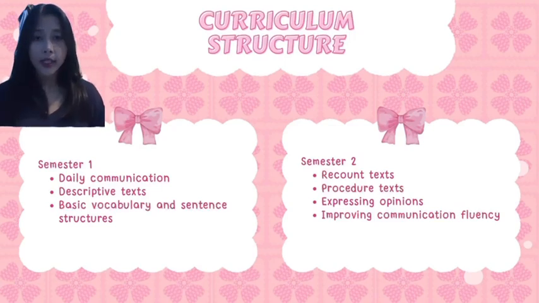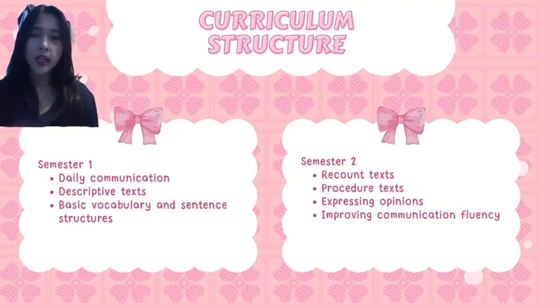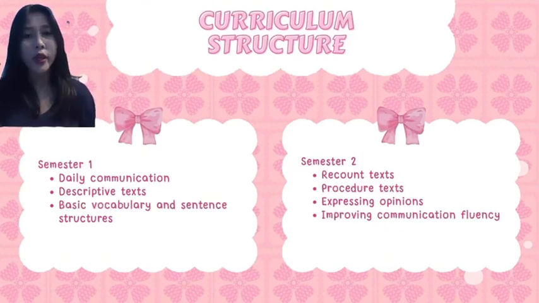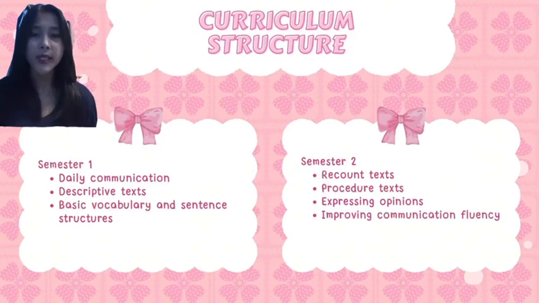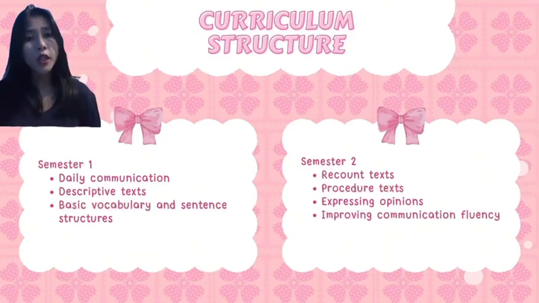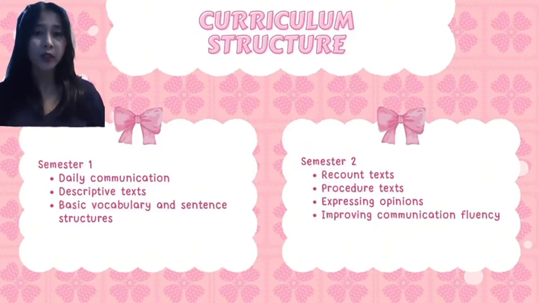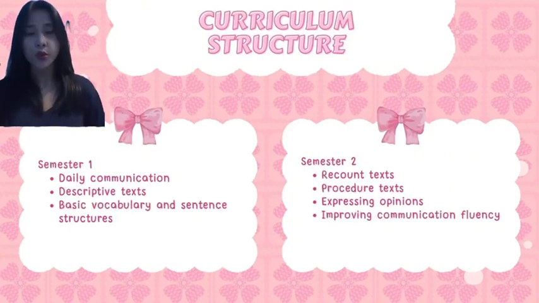In the second semester, students study recount text, procedure text, and expressing opinions. This material requires students to use language more independently and communicate more complex ideas. The progression allows students to gradually develop their language skills from basic communication to more advanced language use.